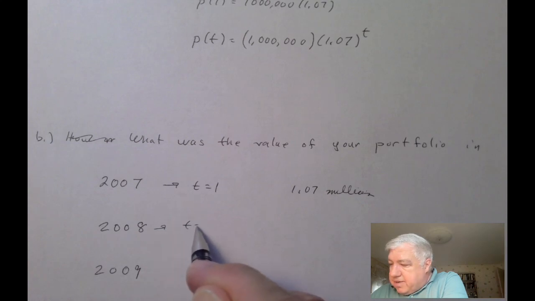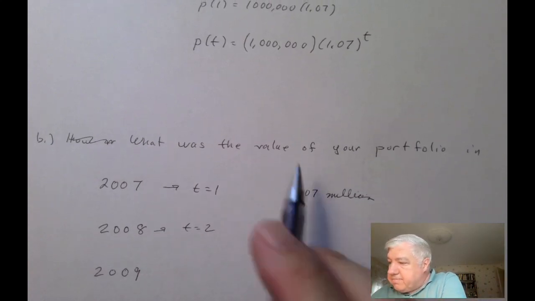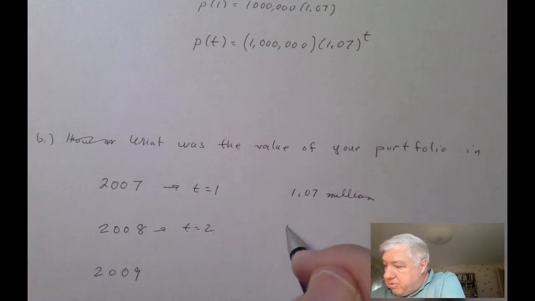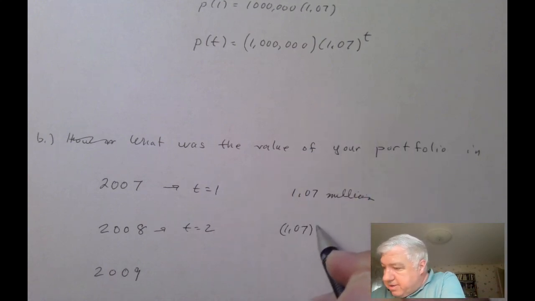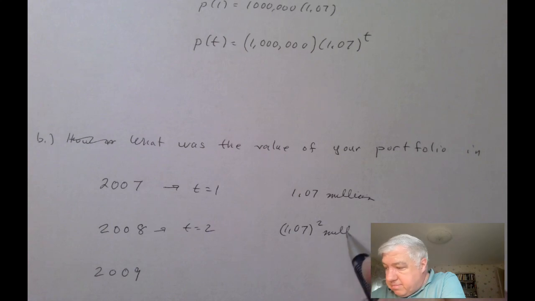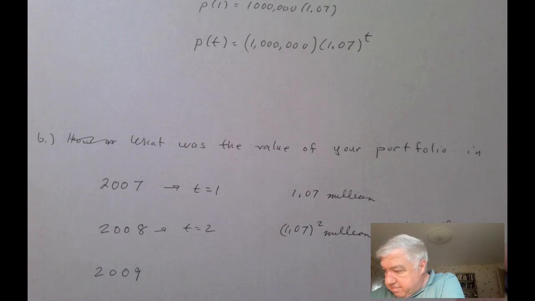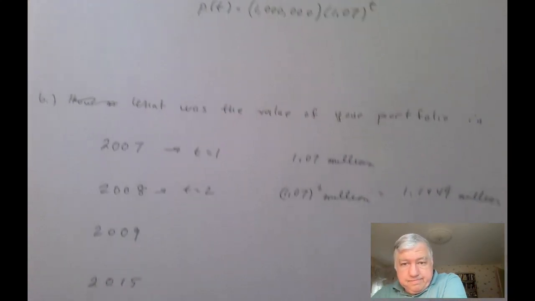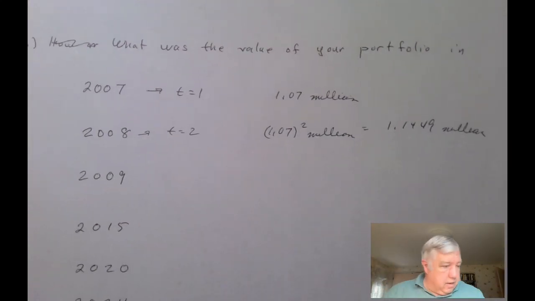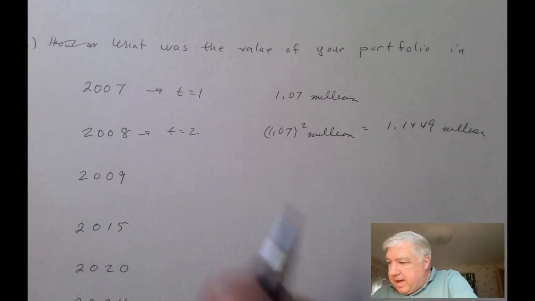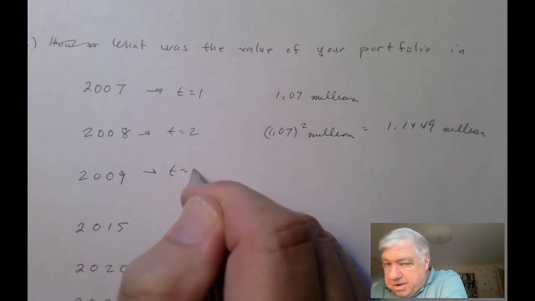2008, that corresponds to T equals 2. So this would be 1.07 squared times a million, or that turns out to be 1.1449 million. 2009, that corresponds to T equals 3.